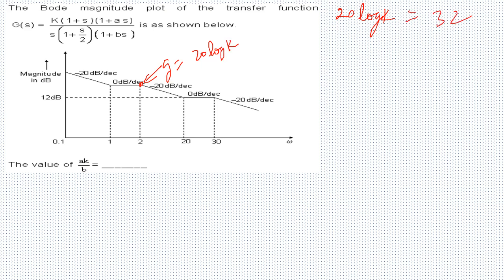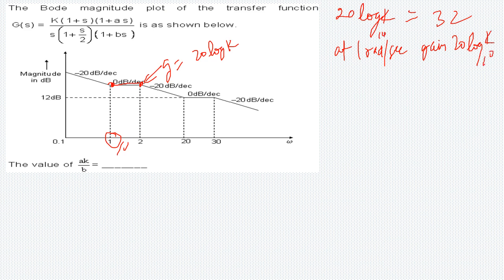You can notice that the slope here is 0, so this is the same value as at 1 radian per second. So at 1 radian per second my gain is 20 log of K in base 10.